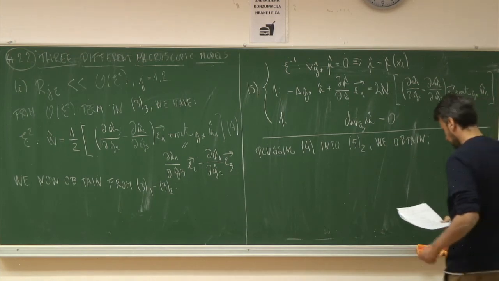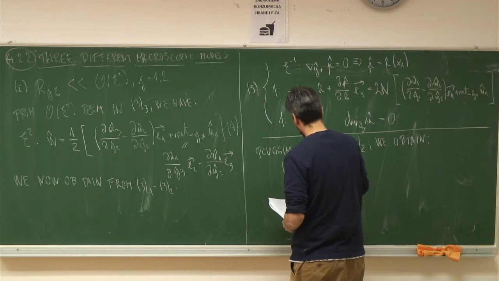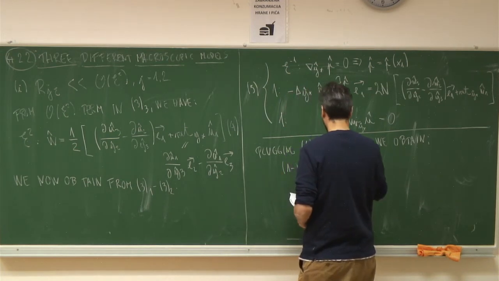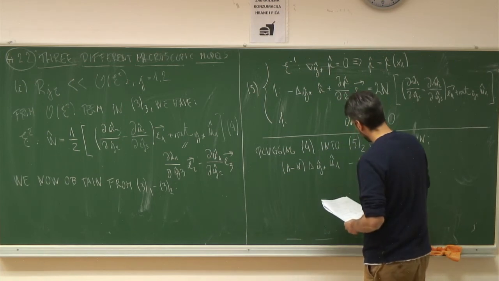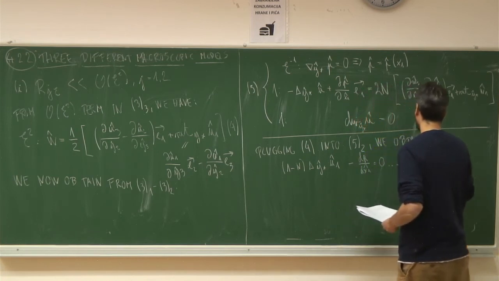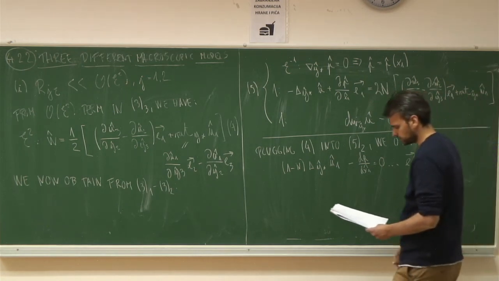So you obtain the following. So 1 minus n Laplace u1 kappa minus dp over dx1 kappa is 0. This is in the first component.